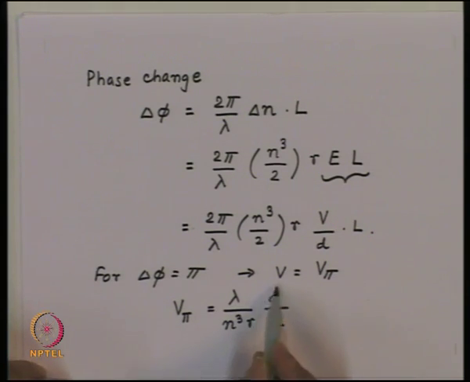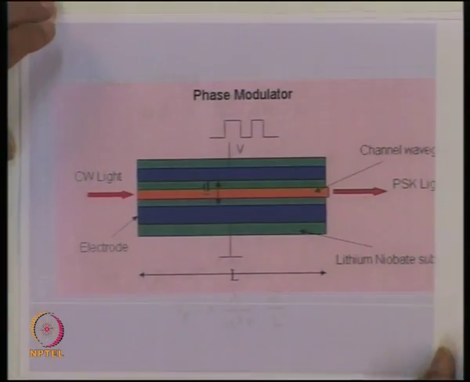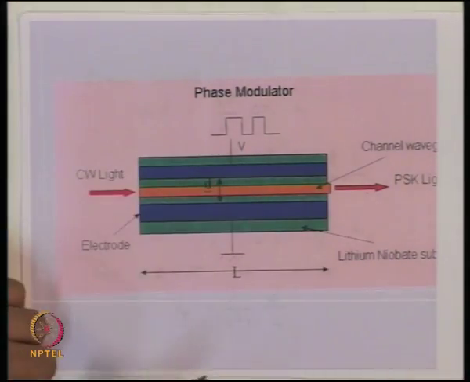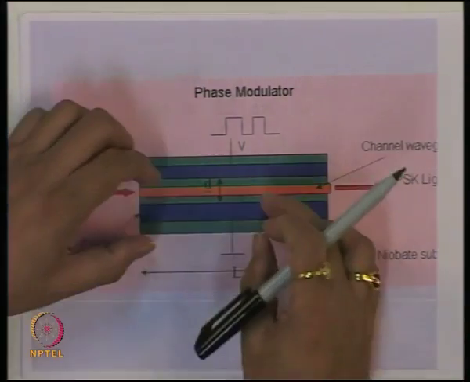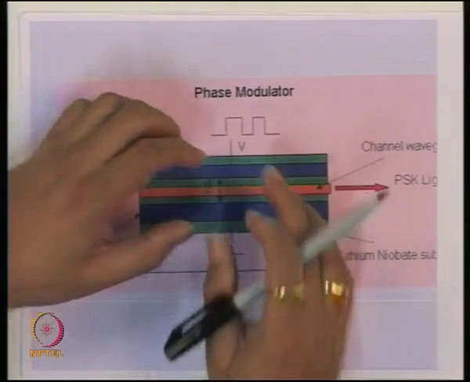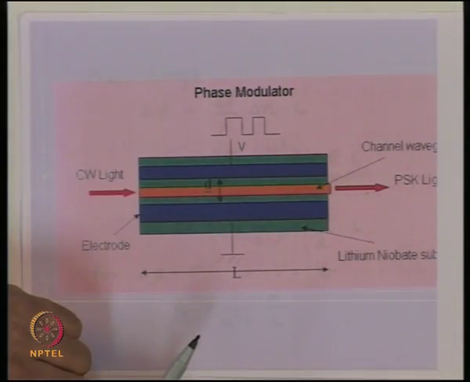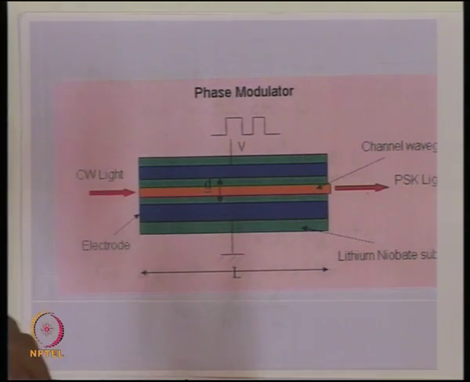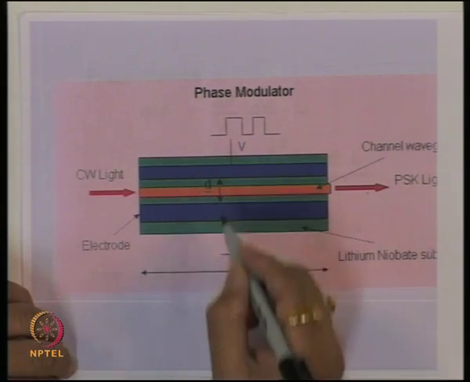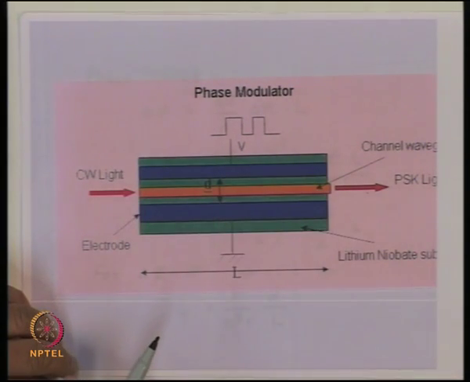D also cannot be reduced significantly for the simple reason that if we try to reduce D, then the electric field is going to be partly inside, partly outside, and the field strength might become larger than the breakdown fields, and then you may have sparking between the electrodes.